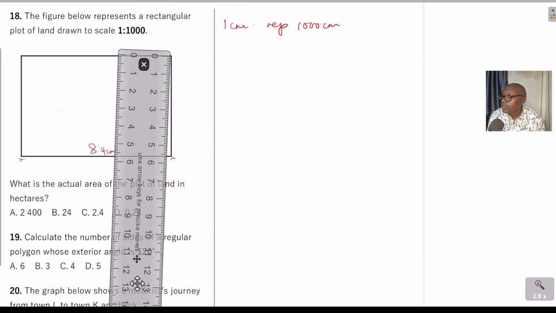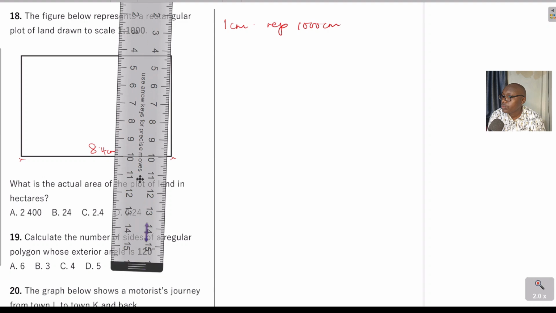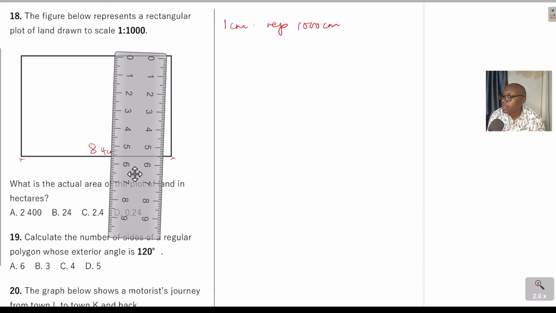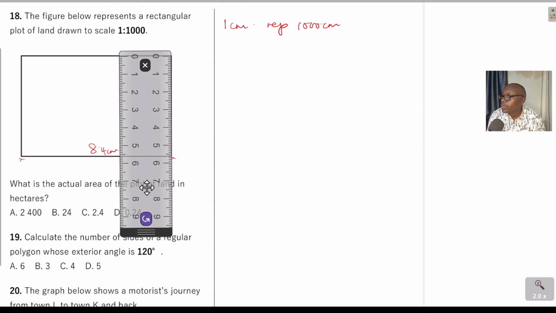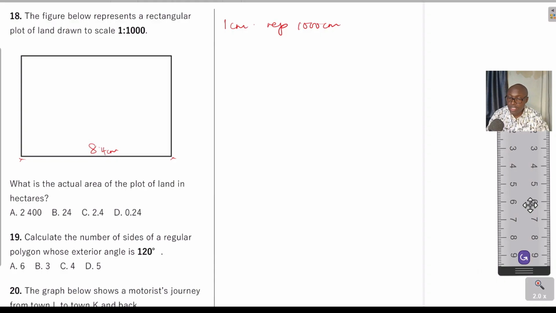For the other side, this one is 5.6. Just for demonstration, this is 5.6 centimeters.